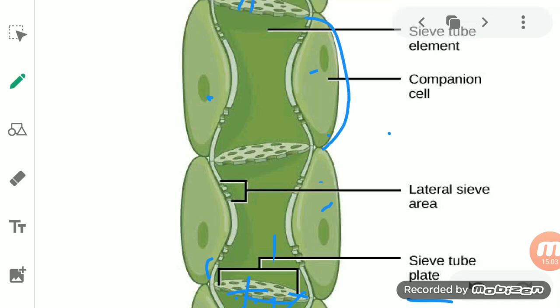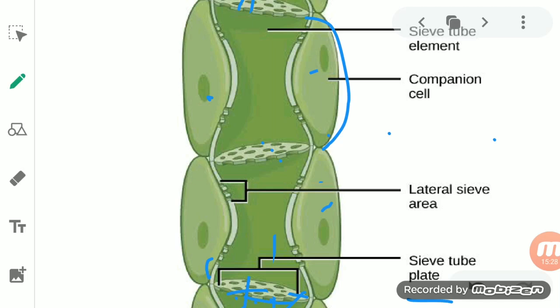So these companion cells are attached with the sieve tubes. Basically, either the companion cell is attached to the sieve tube, or in case of a gymnosperm, the albuminous cell is attached with the sieve cell, and both of them help sieve tubes and sieve cells to perform their activities or their function.